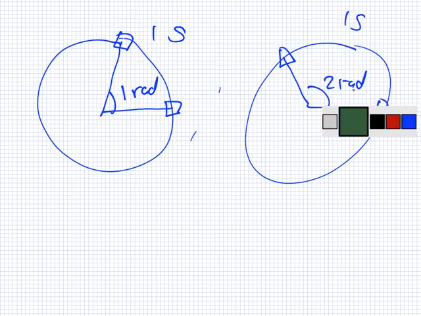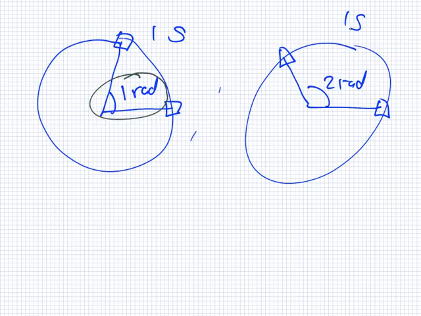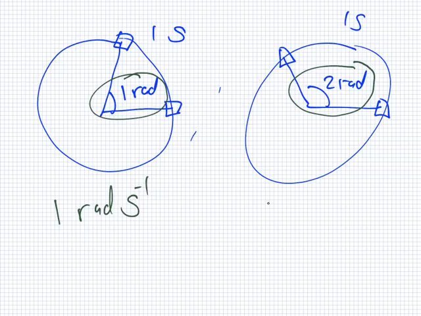So which car is going faster? The first or the second? The second, of course. Because here, in 1 second, the angle changed by 1 radian. But here, in 1 second, the angle changed by 2 radians. So this one is like 1 radian per second, and this one would be 2 radians per second.